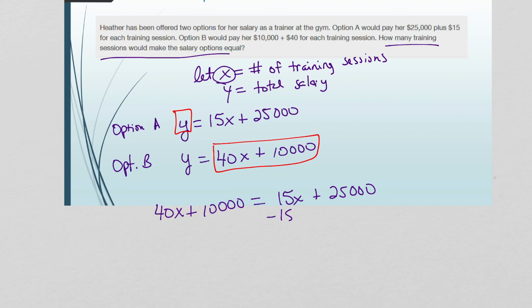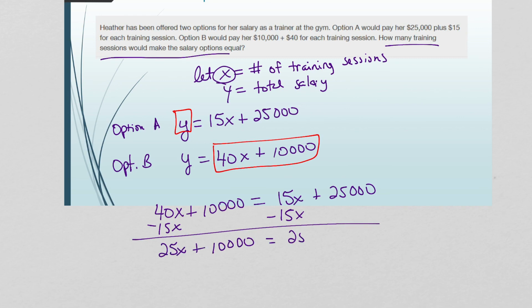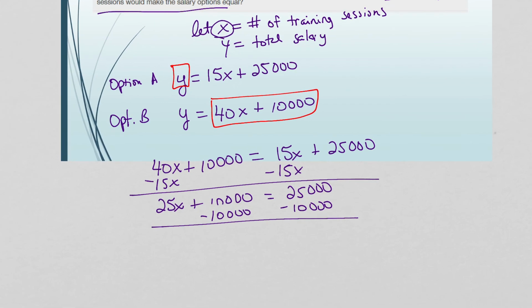So subtract 15x from both sides. I get 25x plus 10,000 is equal to 25,000. And then subtract, not divide. So 25x is equal to 15,000.